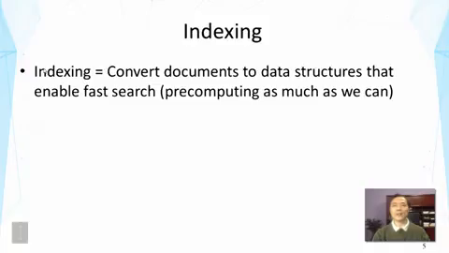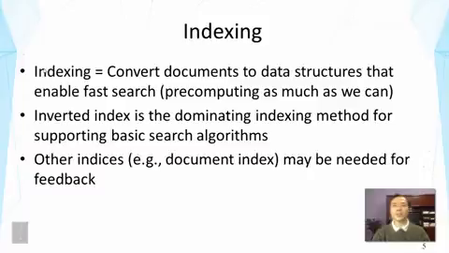Once we do tokenization, then we would index the text documents, and that is to convert the documents into some data structure that can enable fast search. The basic idea is to pre-compute as much as we can, basically. So the most commonly used index is called inverted index, and this has been used in many search engines to support basic search algorithms.